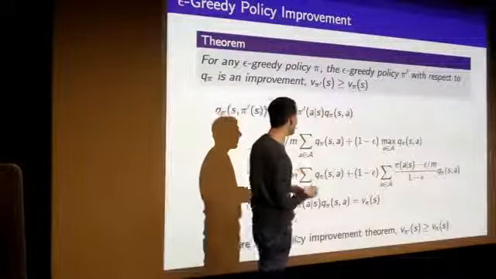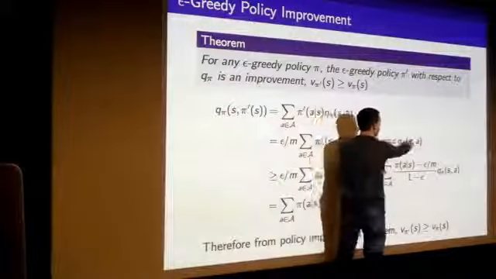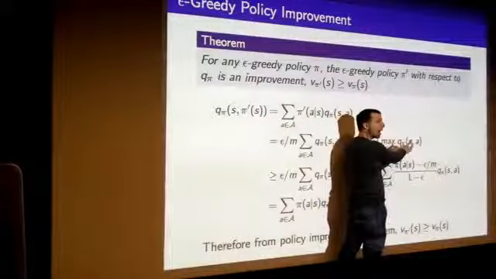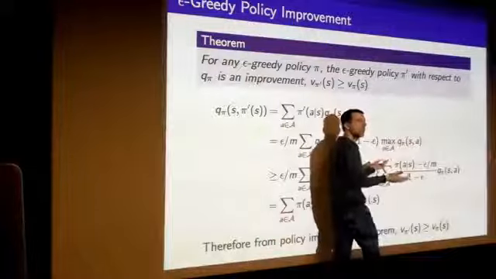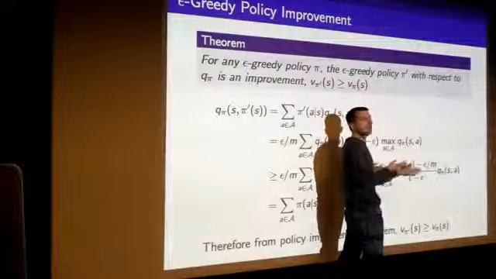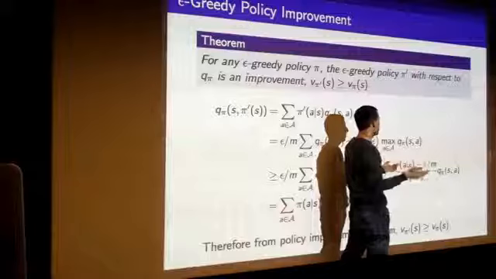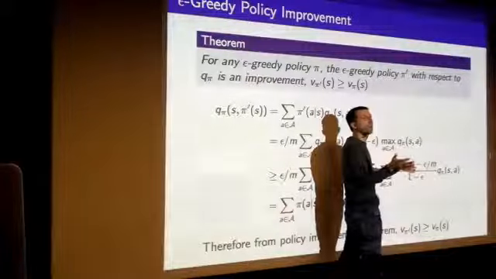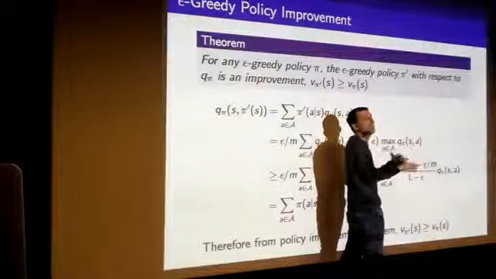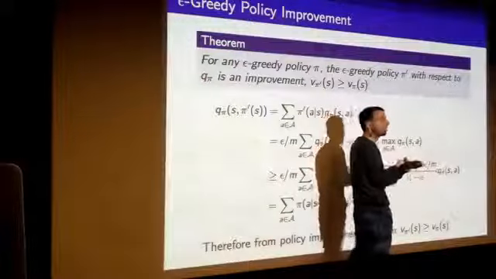Now what we can say is that if you choose to act greedily, the max of all your Q values has to be at least as good as any weighted sum of your Q values.